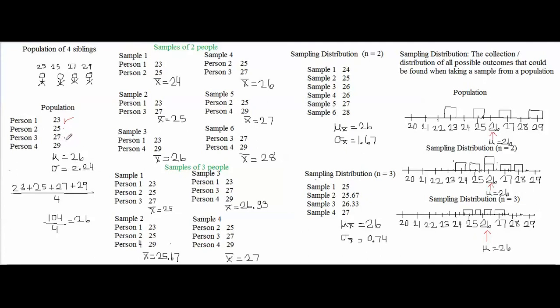So the standard deviation of the individual people in the population is the population standard deviation. The standard deviation of the means of all of the possible samples is called a standard error. So whenever you take the means of all of the possible samples, which we have here, and you plug them into a standard deviation formula, your answer is called the standard error, even though it's really just a standard deviation.